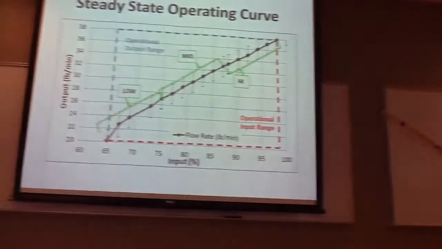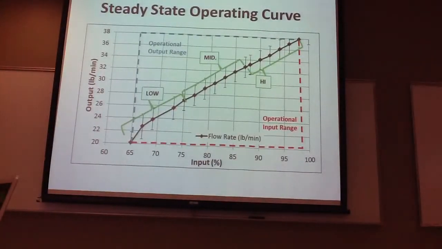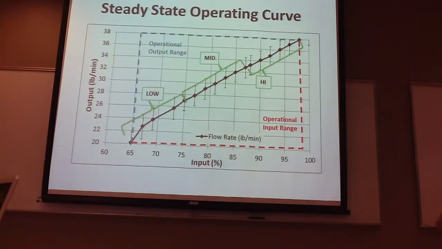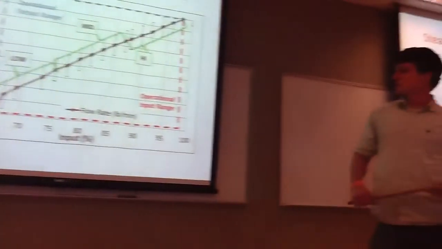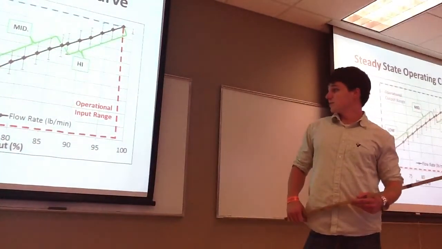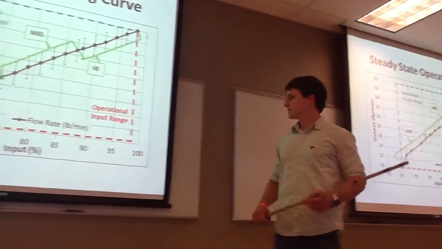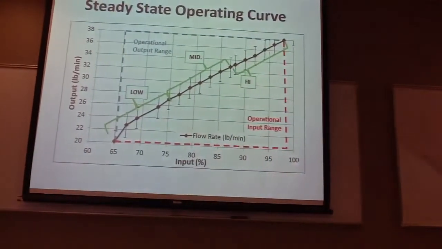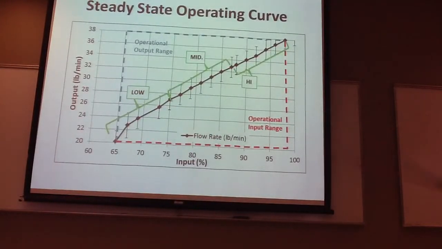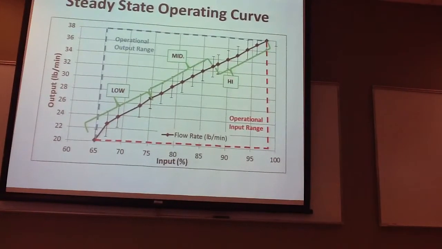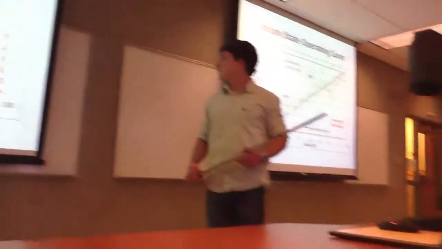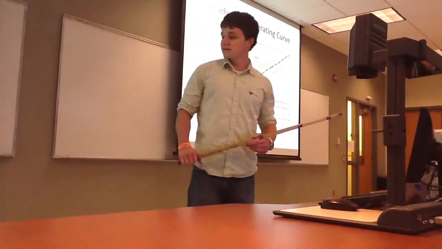Where the low range is from 20 pounds per minute to 27 pounds per minute, and that was between 65 and 75 input percent. And then the middle goes from 27 to 33, and the high goes from 33 to 38.